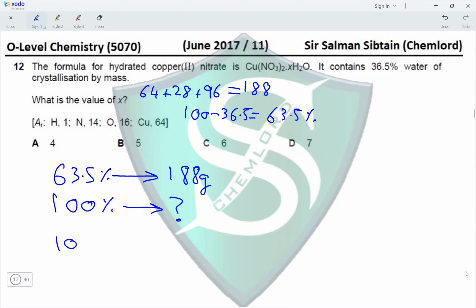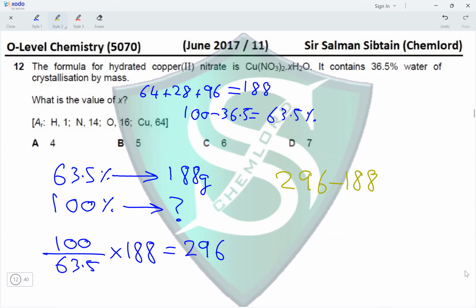This would be 100 divided by 63.5 multiplied by 188, giving us a mass of 296 for hydrated copper nitrate. Now, out of this 296, 188 is the mass of anhydrous copper nitrate. When we subtract this, we end up with 108 as the MR of H2O.